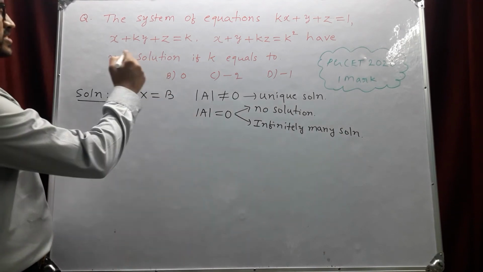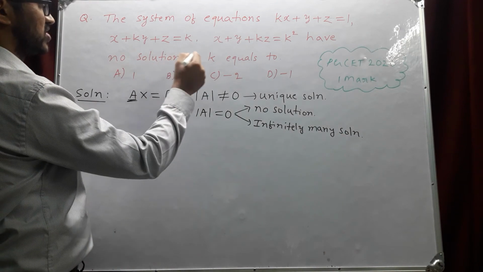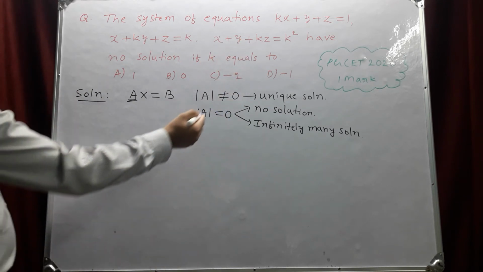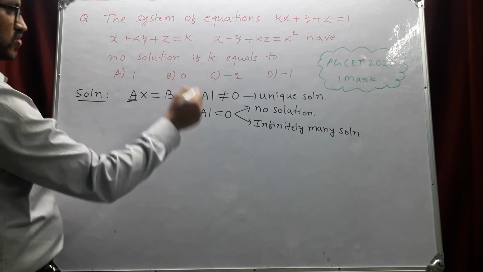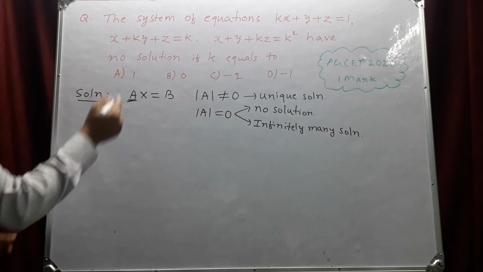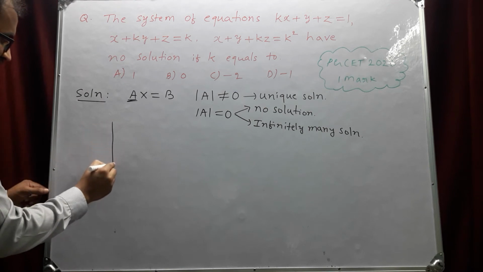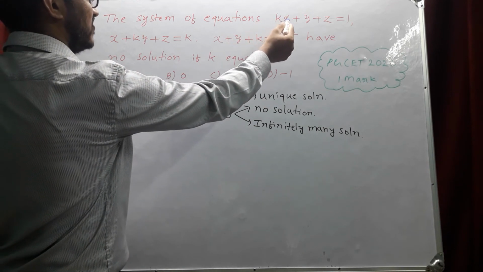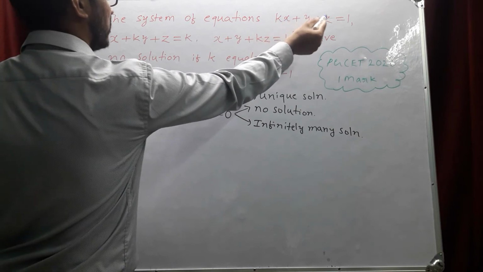So they have asked have no solution if k equals to. So what we have to consider, since no solution means determinant of A should be 0. So if you consider determinant of coefficient matrix, we have to consider the coefficients of the variables x, y and z.